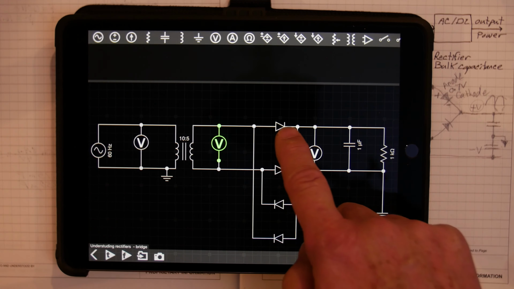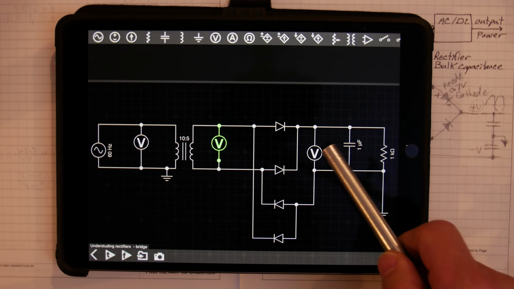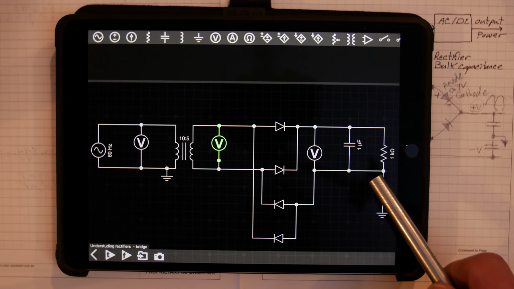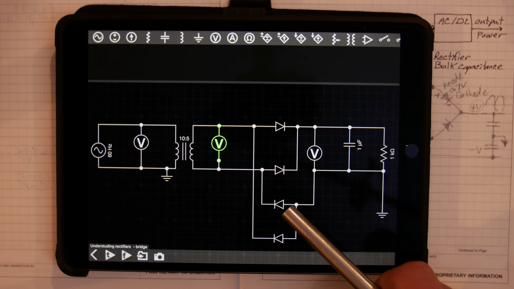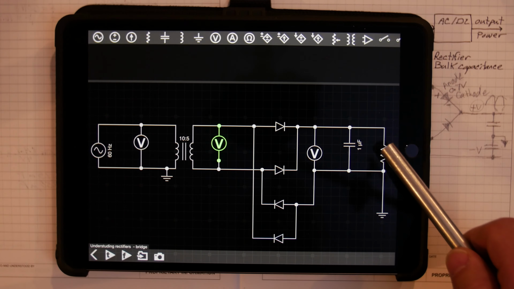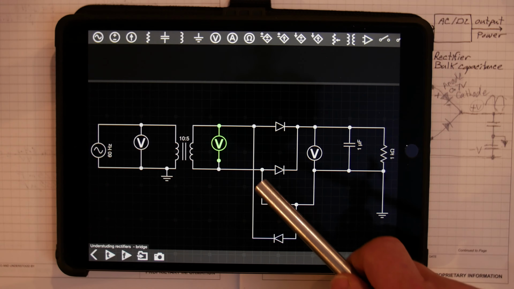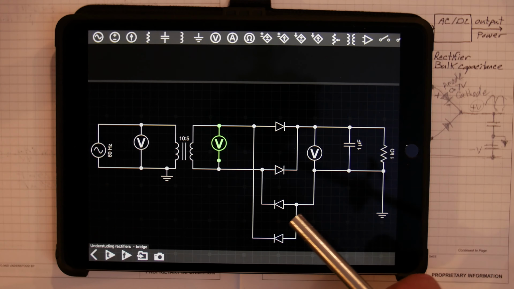Now let's follow that loop. Let me bring my pointer over here. We're going to go through this diode, through the load, back around here, and we're going this way, so we follow this guy to this side and then come back through the transformer. So we have to go through the transformer because that's our voltage source. So that's the loop right there.